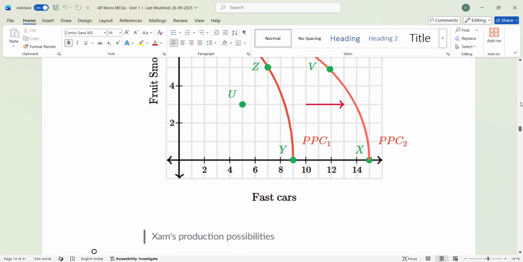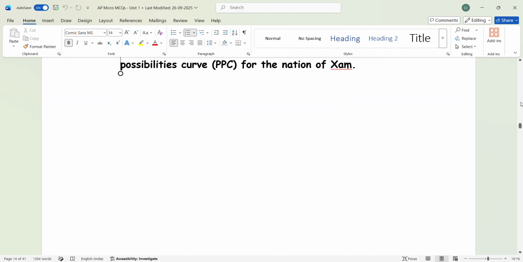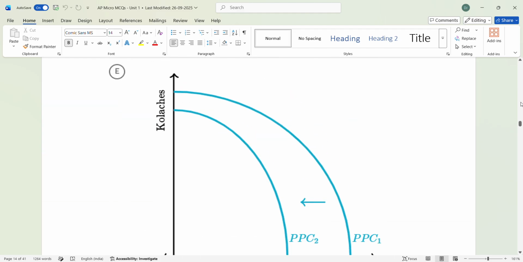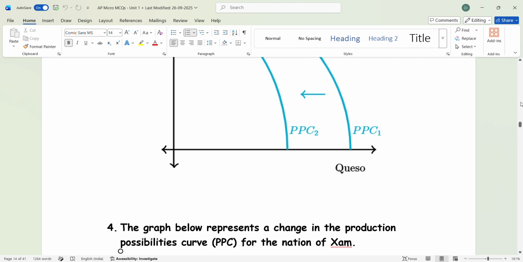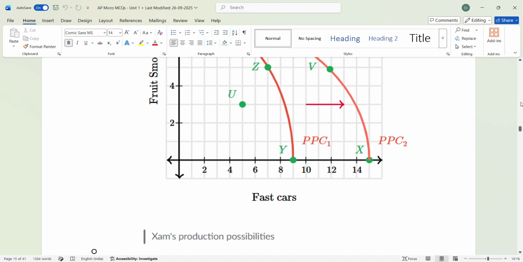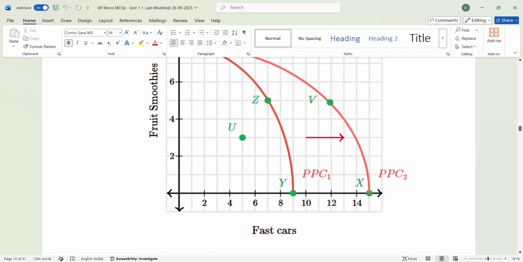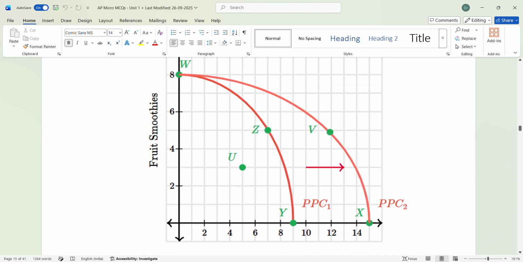Okay. Then you have this fourth one. The graph below represents a change in the production possibilities curve for the nation of Exam. Okay.